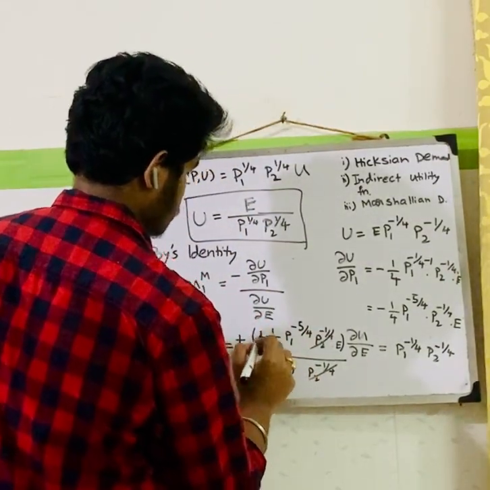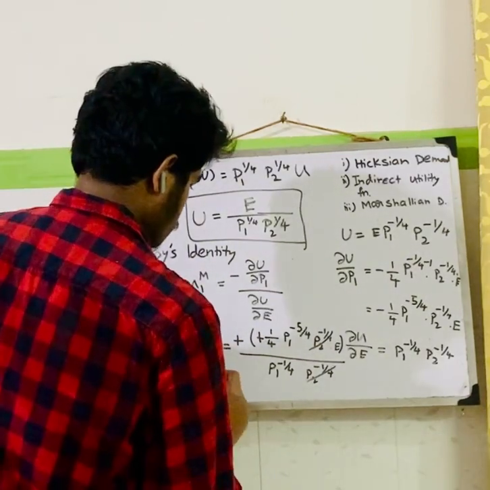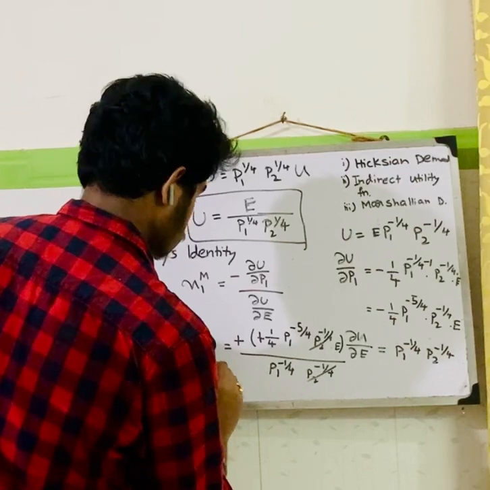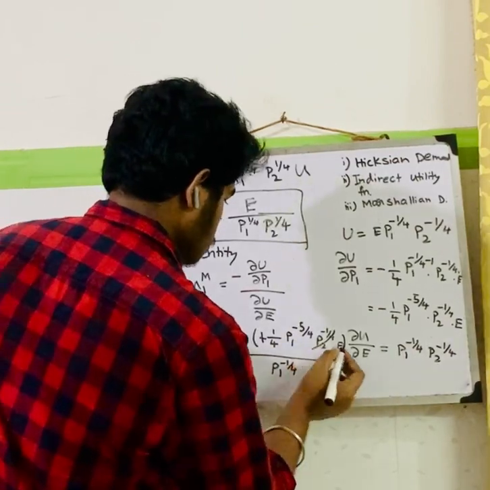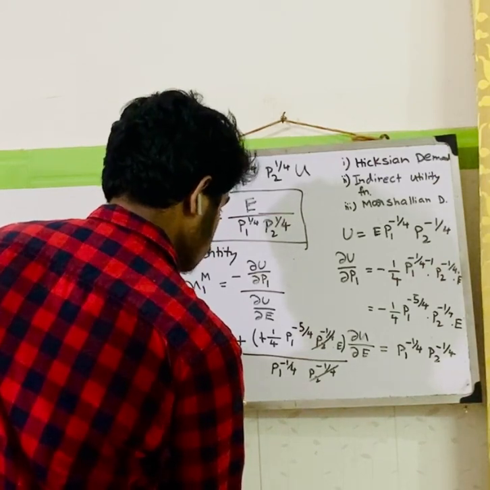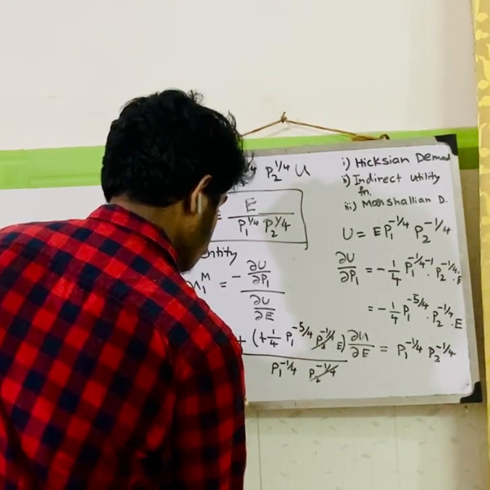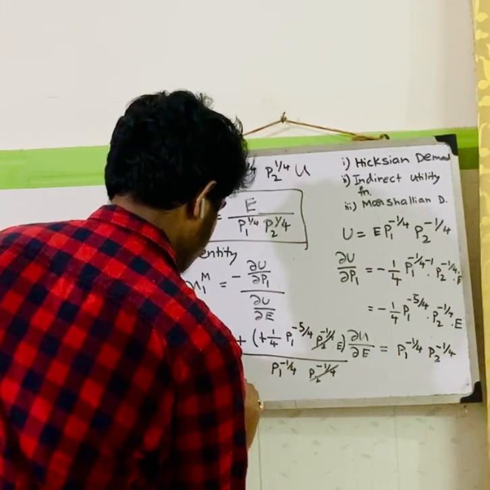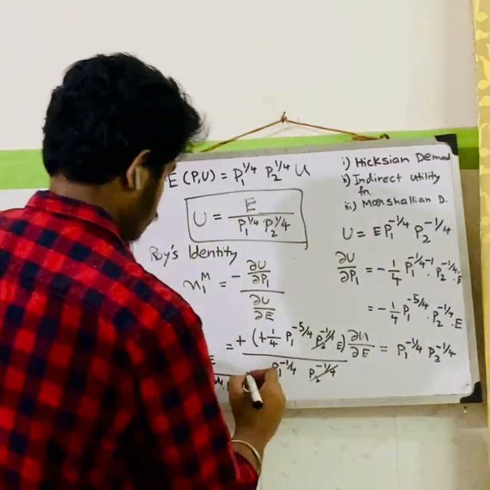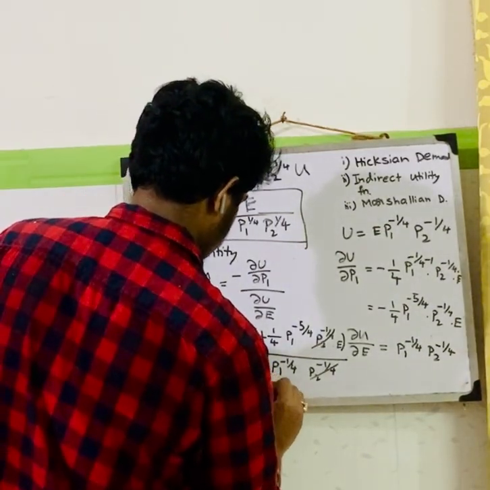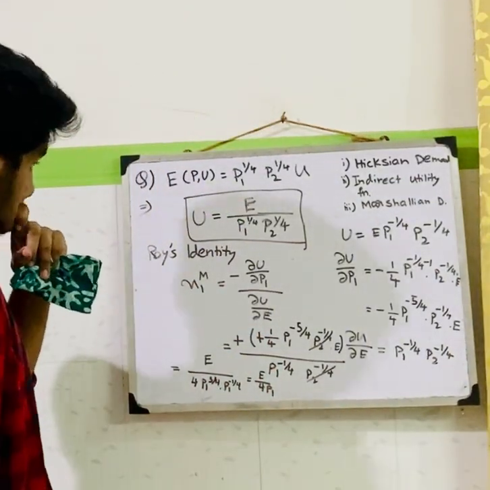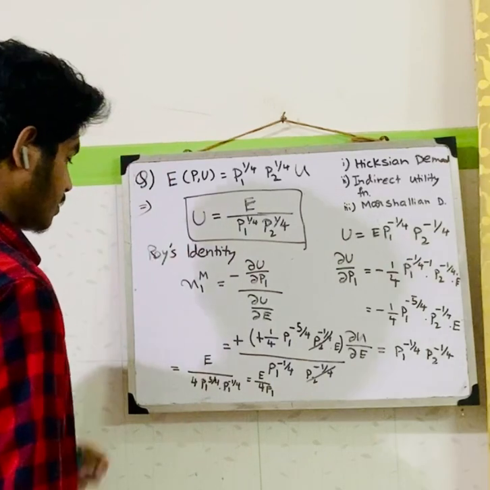E by 4 P1 to the power 5 by 4 into P1 to the power minus 1 by 4, it will become E by 4 P1, right?